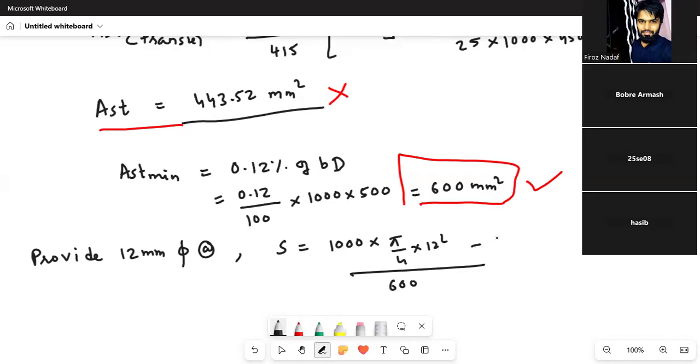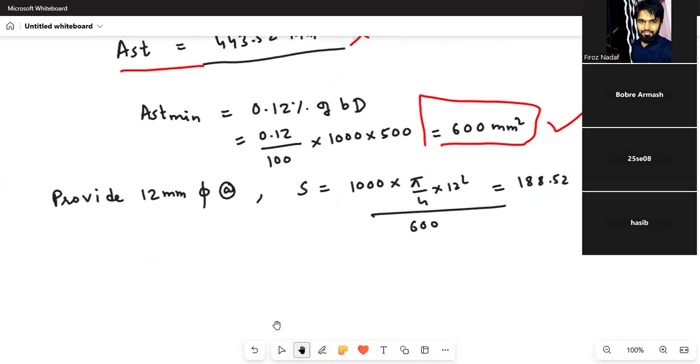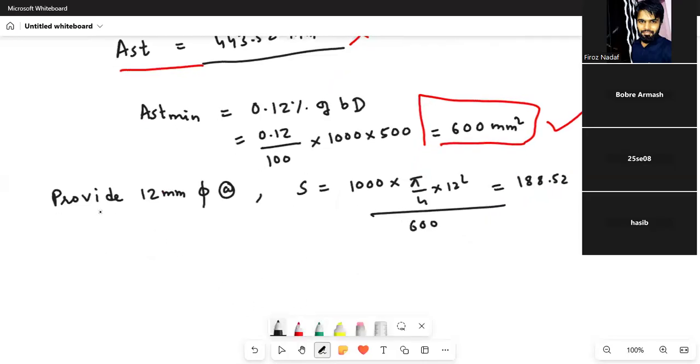The spacing is coming as 188.52 mm. But I can provide 180 mm, less than that. So I will provide 12 mm bar at the rate of 180 mm center to center. Okay, so this is what you can provide.